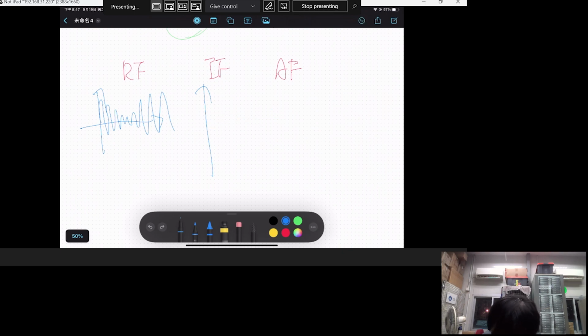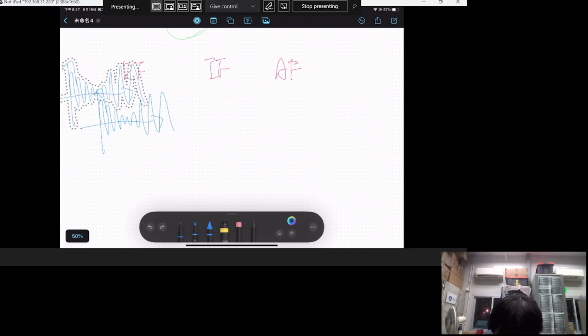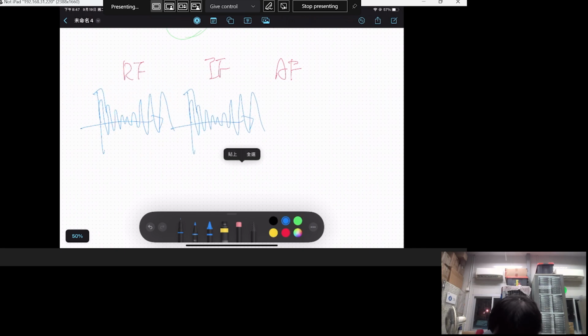Can I just duplicate this? Okay, I can duplicate it. All of them are modulated with different frequency only.